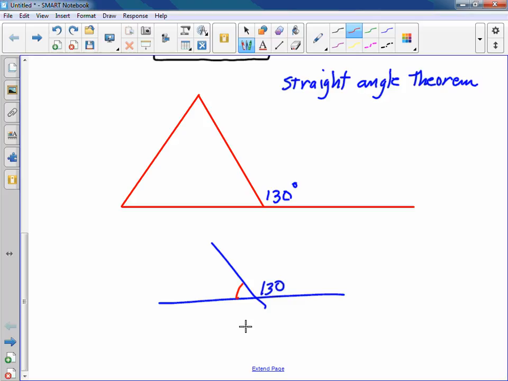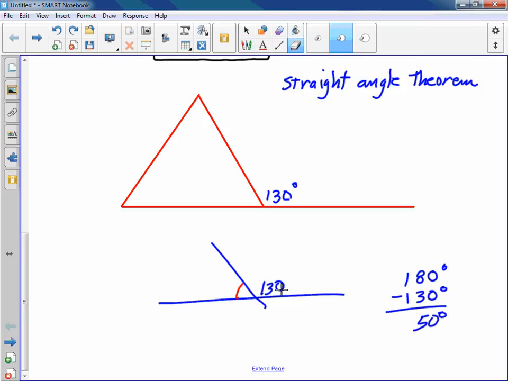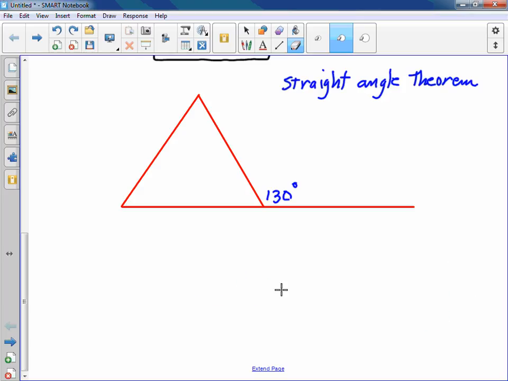So in this case, this angle marked in red would be 180 minus 130 degrees, which is 50 degrees. That's nice, and we can use this along with the triangle sum theorem to solve even more problems. So when you're done, you'll have no problems in life. What a sweet deal.